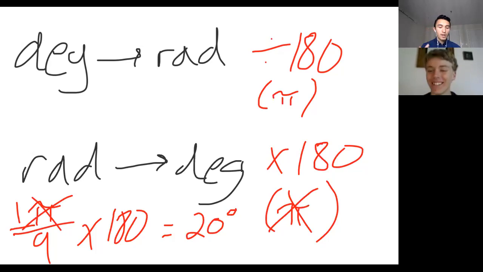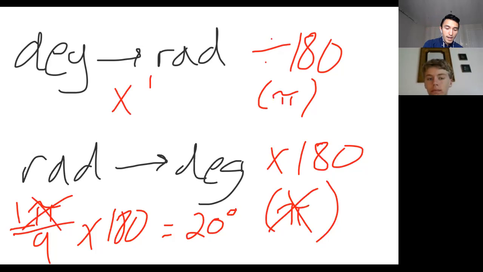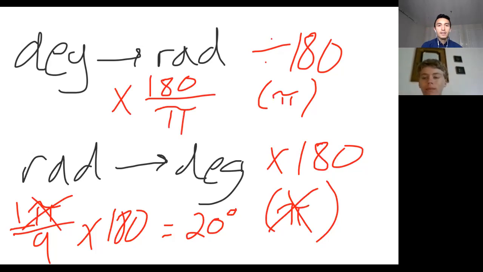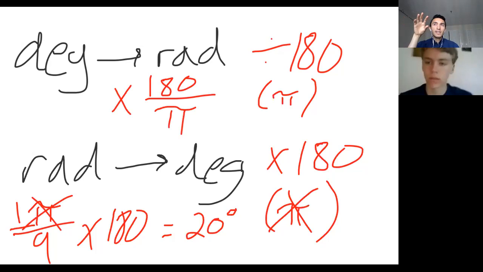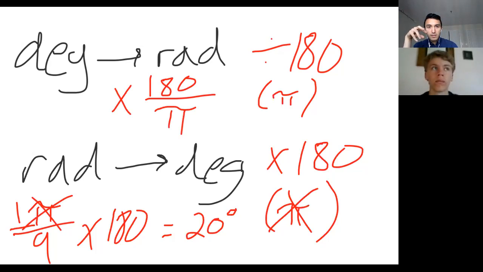So this is my shortcut formula. The real formula is you actually have to multiply by 180 over pi. Because that's unit conversion, which has to do with science. That's the only annoying part about this section, it uses a lot of science and units.